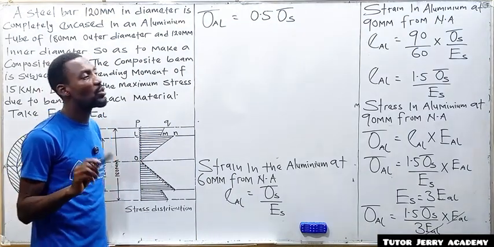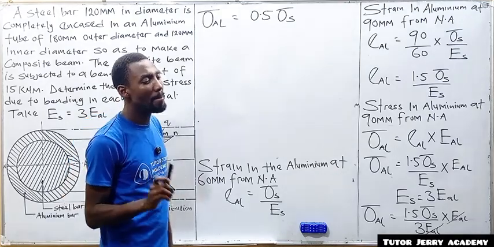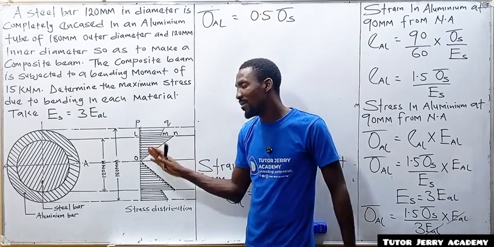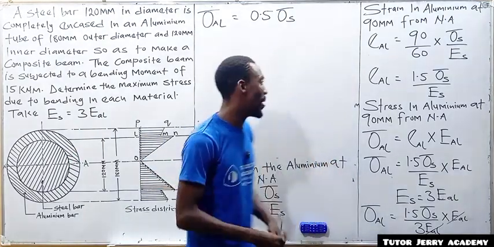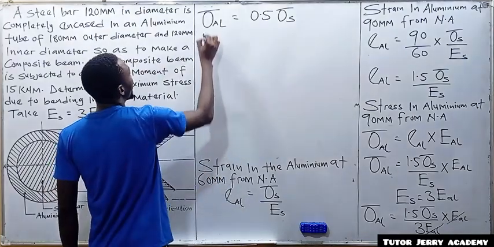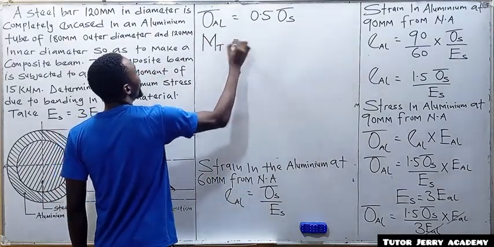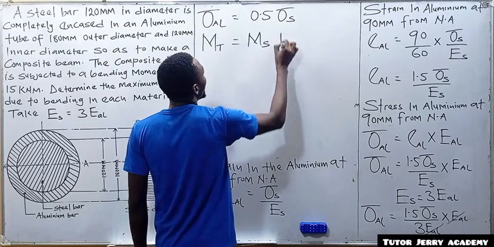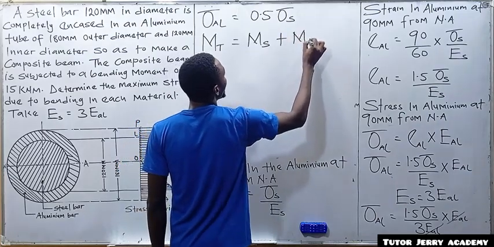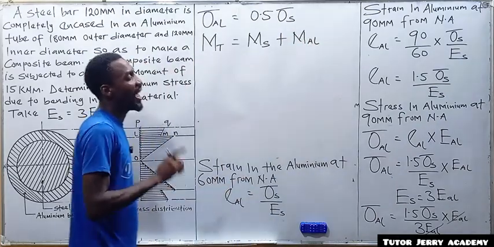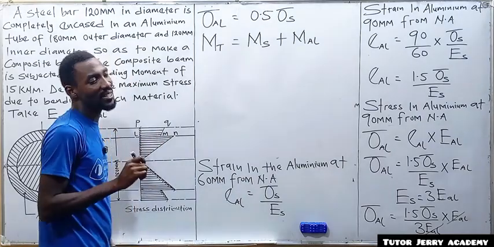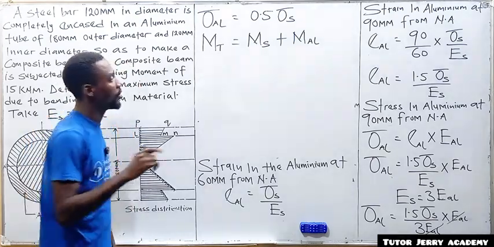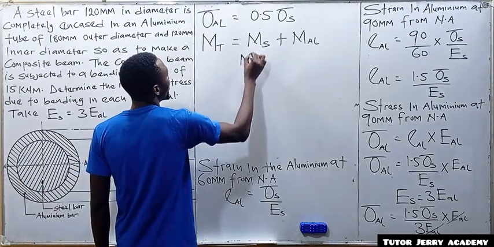Now the next thing we want to look at is the bending moment. When we are dealing with a composite beam like this, the total bending moment is equal to the bending moment of the steel plus the bending moment of the aluminium. And we know that moment is stress multiplied by section modulus.